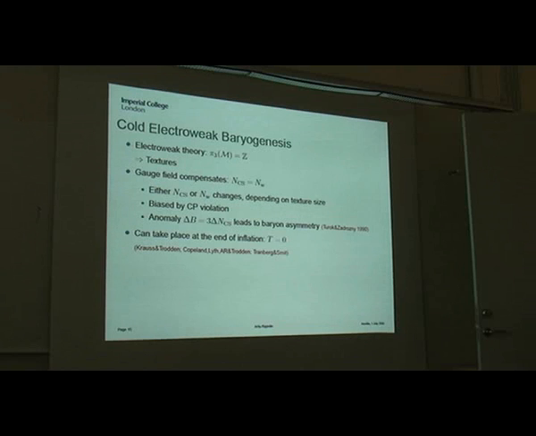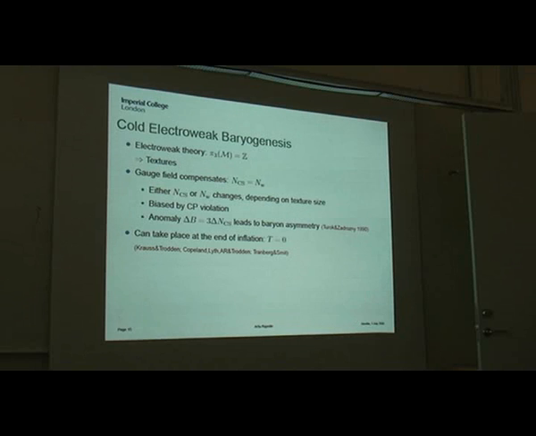And so if you have CP violation, it means that even though on average you form the same number of positive and negative winding textures, with CP violation you end up with a non-zero Chern-Simons number on average, because the positive ones are less likely to unwind, more likely to be compensated by the gauge field than the negative ones.